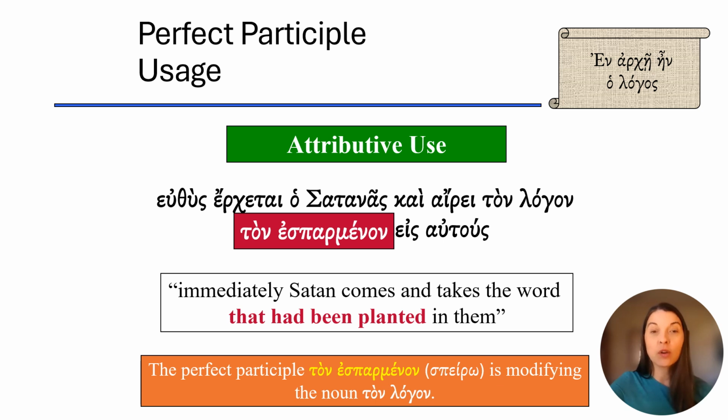So it's describing the word that had been planted in them. So we have past time, but that past time is continuing into the present. It has a stative use where that state is continuing into the present. So this perfect participle is modifying the noun, the word.